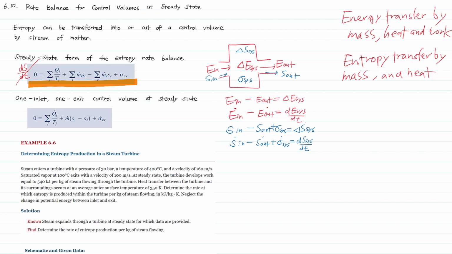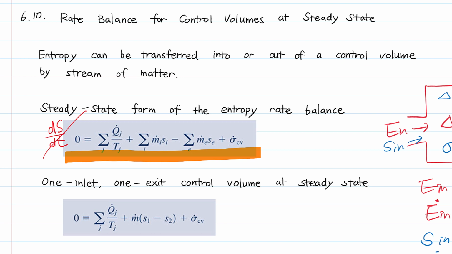First, let's take a look at entropy transfer by heat. Q dot over T represents the rate of entropy transfer by heat. Q dot is the rate of heat transfer through the system boundary. T is the temperature at the location where heat transfer occurs.